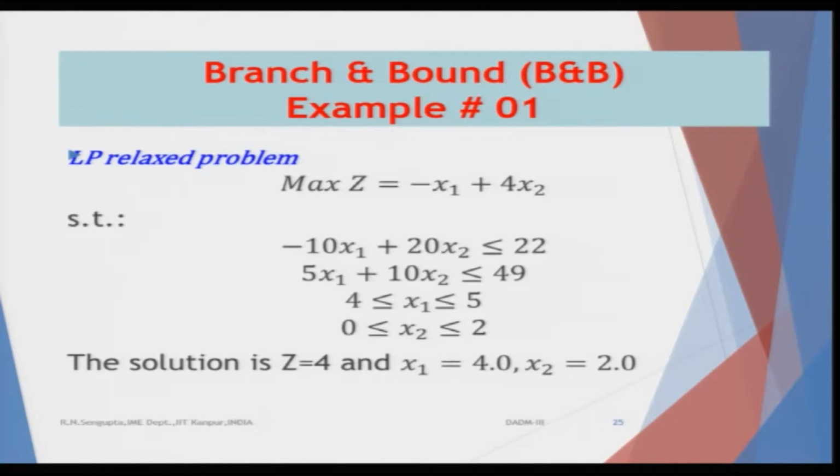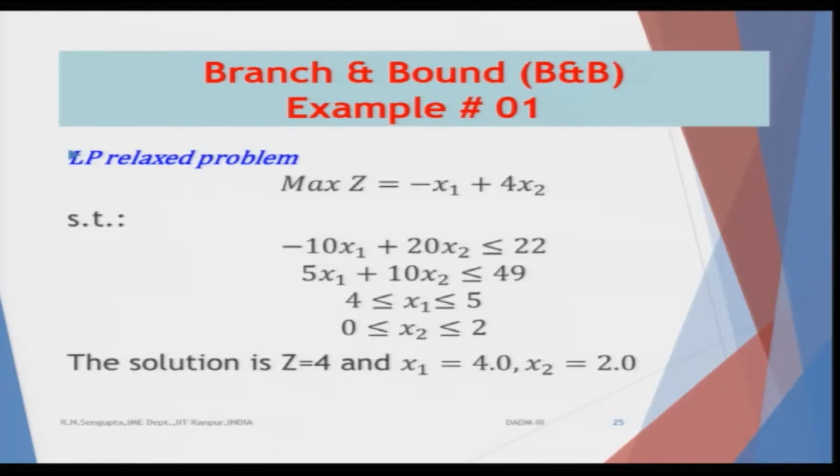What would have been the integer programming constraints were x1 is 4 or 5, x2 is 0, 1, 2, because we are in the other branch. But now we formulate the LP relaxed formulation.